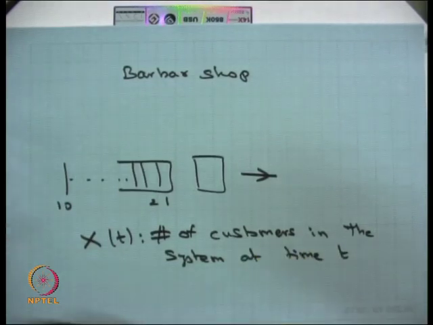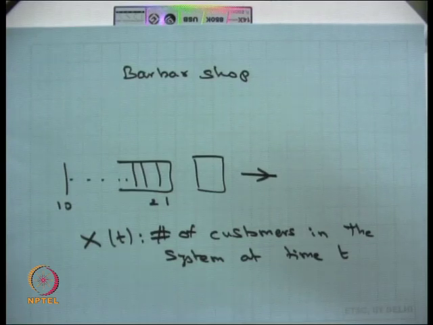The way the dynamics goes, the possible values of Xt will be from 0 to n. To study this system, you need the way the customers are entering the system, the way the service is going on for the customers, and the discipline in which the customers are getting served also.